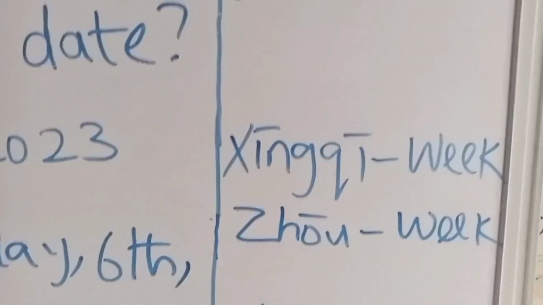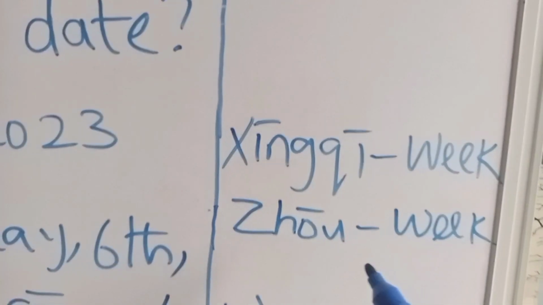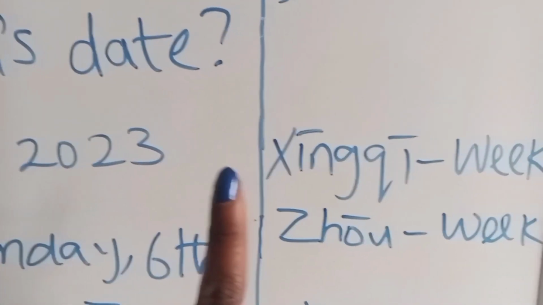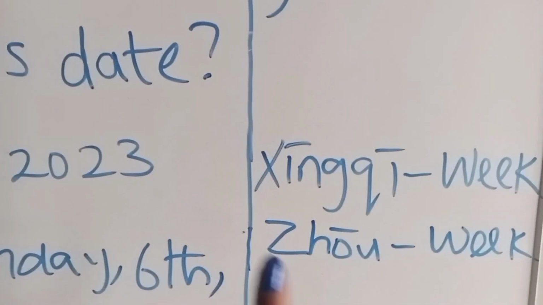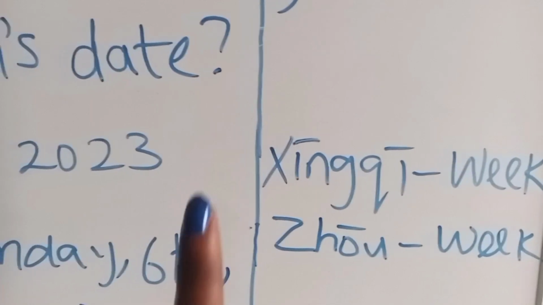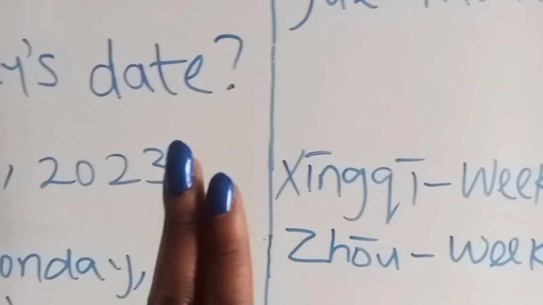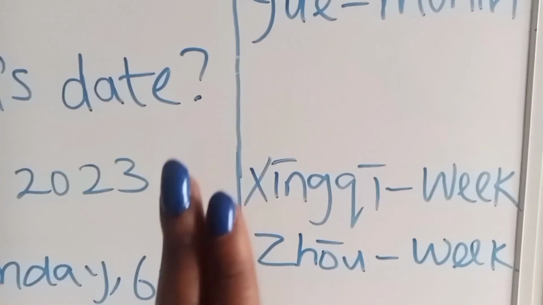So if you know 1 to 6, you will know how to say Monday to Saturday. Number 1 in Chinese is yi. So Monday will be xingqi yi or zhou yi. Tuesday, that's the second day. Monday is the first day of the week in Chinese. It's not like in English, where Sunday is the first day of the week.